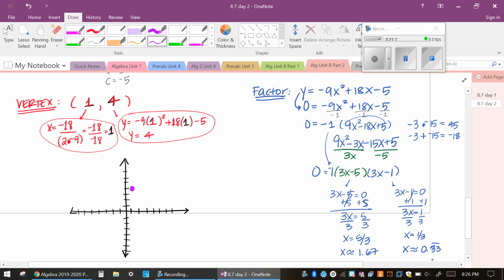And then I notice that my parabola touches the x-axis. This is the axis of symmetry. I just want to make that a little bit neater.